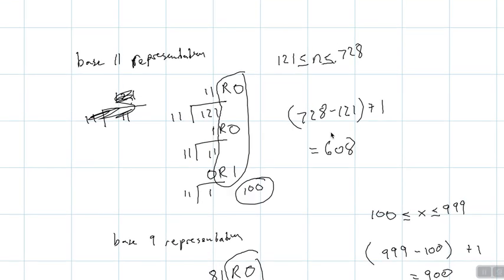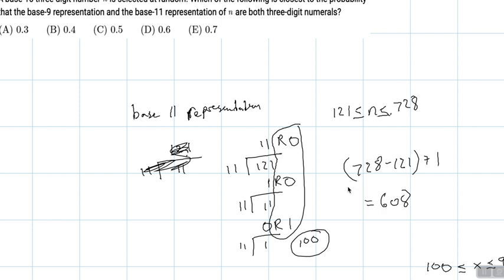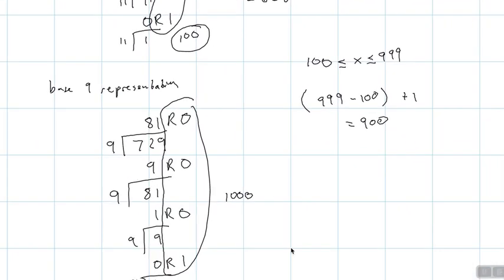So the probability that both the base 9 representation and base 11 representation of n are three-digit numbers is going to be 608 over 900, and we can simplify that to 6.08 over 9, which is about, multiplying numerator and denominator by 11, 66.88 over 99.